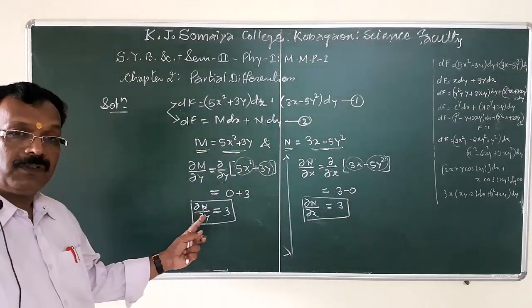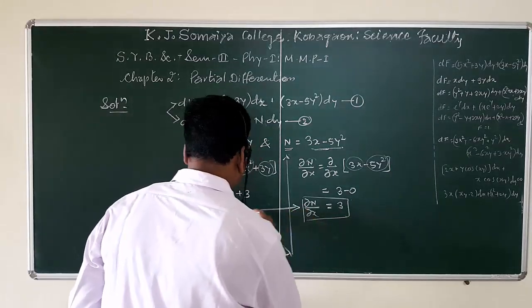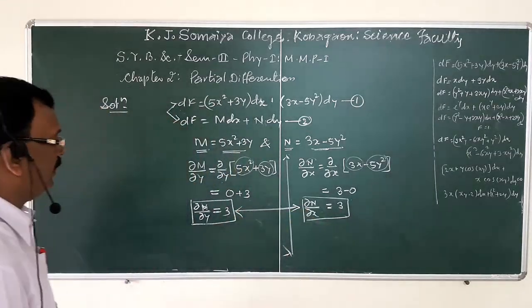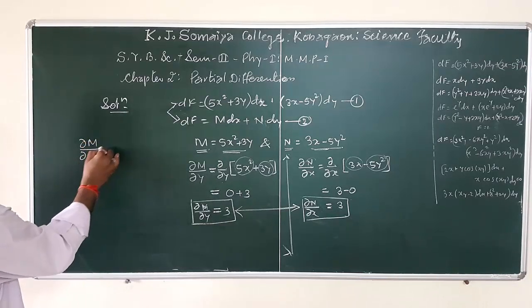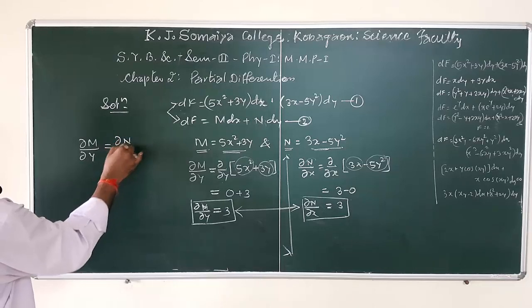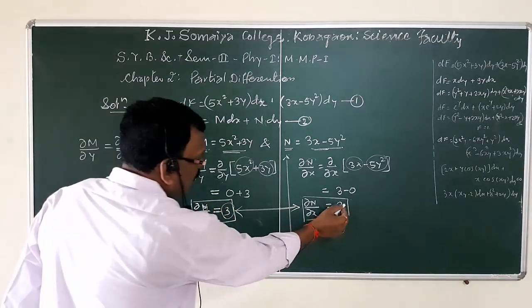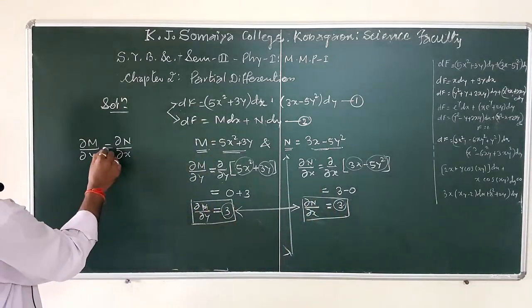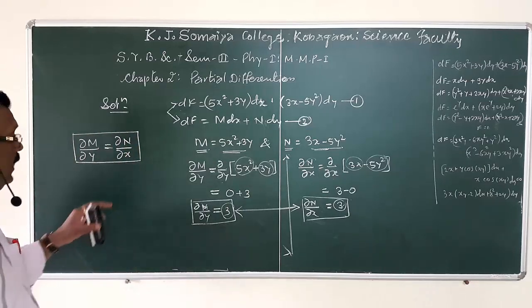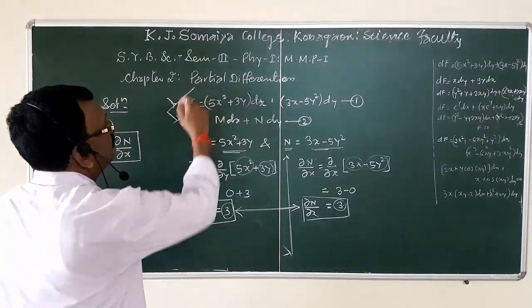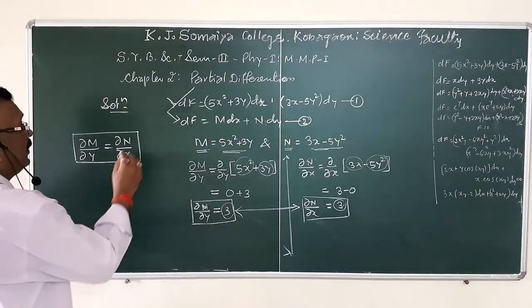When we compare these two results, we find that del m by del y is equal to del n by del x, because both the terms show the same result. Therefore, this condition is satisfied, and when this condition is satisfied, then obviously this differential equation is an exact differential equation.